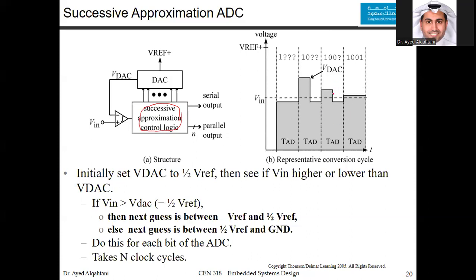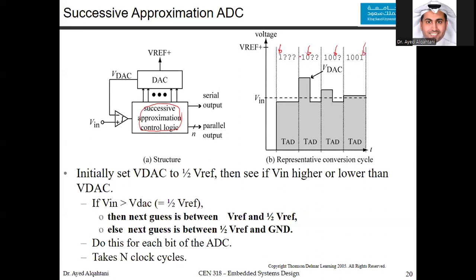So in the figure here, we want a digital code, and we know that it's 4-bit. Starting from the most significant bit, we get the appropriate level, either 0 or 1, and then we move to the next bit, from the most to the least, until we end up with the last bit.